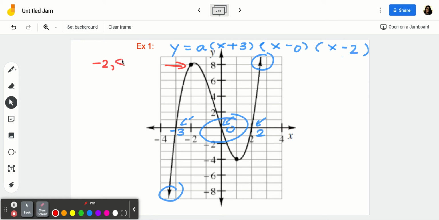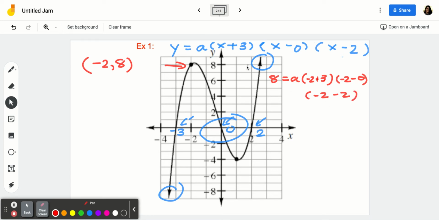-2 for x, +8 for y. And those are the numbers I'm going to fill in right here. And that'll leave me with just an A to solve. Okay, so instead of y, I'm going to write 8 equals A, -2 plus 3, -2 minus 0, and then I'm just going to write it down here because I'm losing space, -2 minus 2.